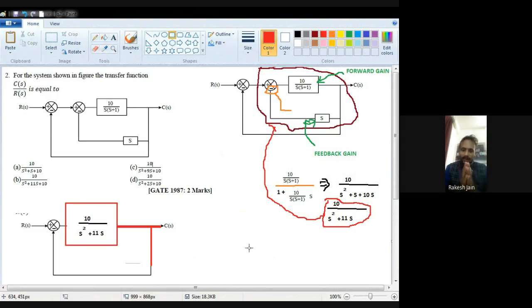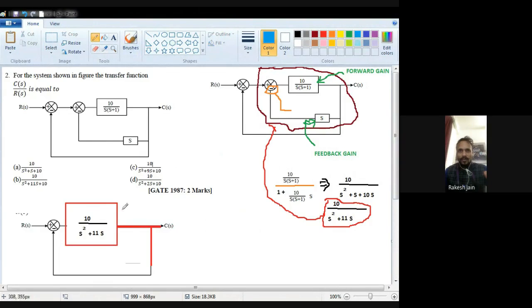Whenever there is a straight line, the output comes directly to the summing junction in feedback, which means the gain is 1. So I just represent this with this blue color.